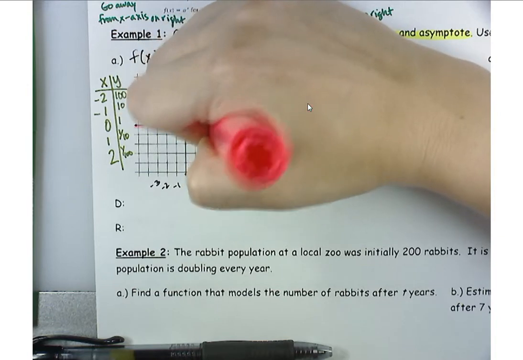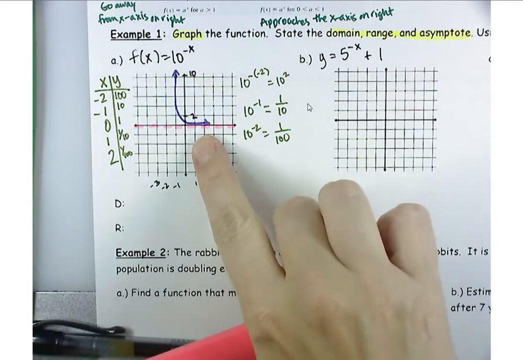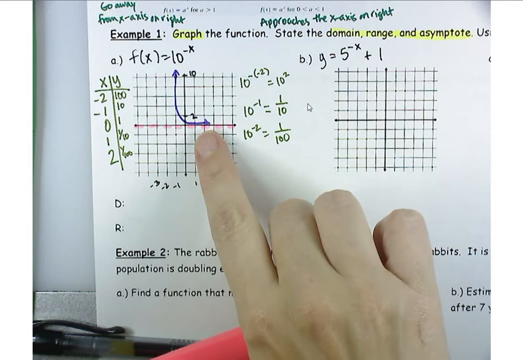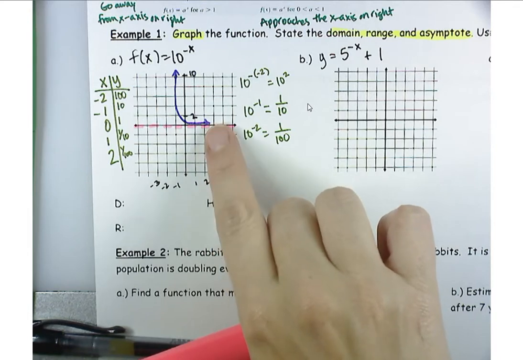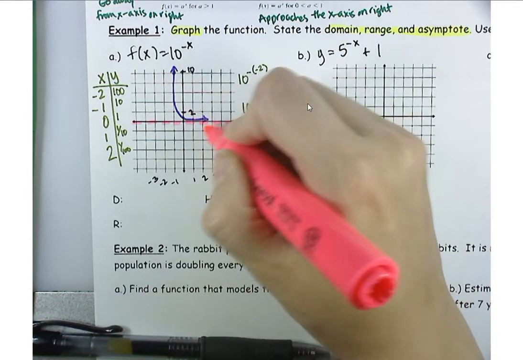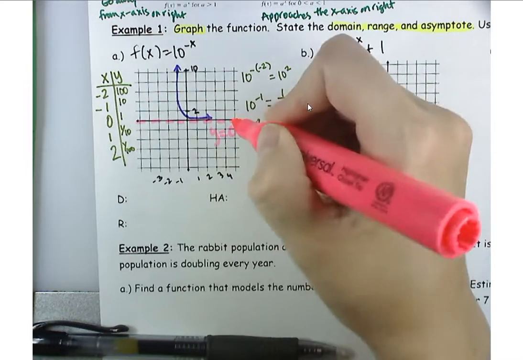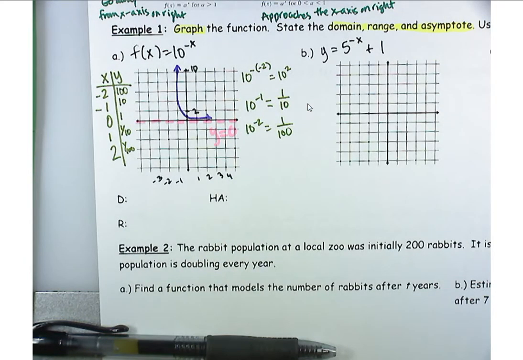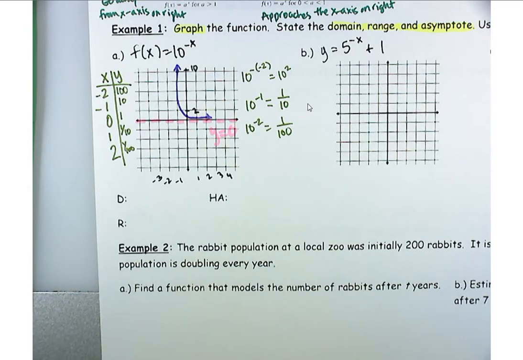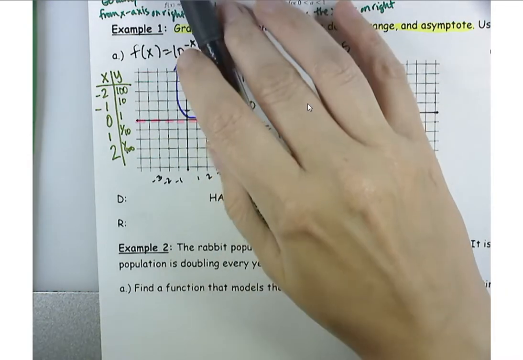Now, if I look at my graph, I can see that my line is approaching the axis. So my line is approaching y equals 0, which means that is going to be my horizontal asymptote. So like we said earlier, your domain is going to be all real numbers.